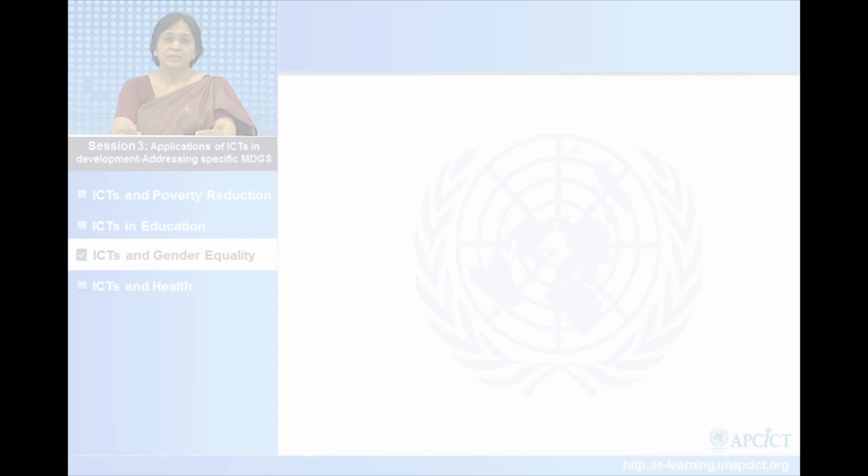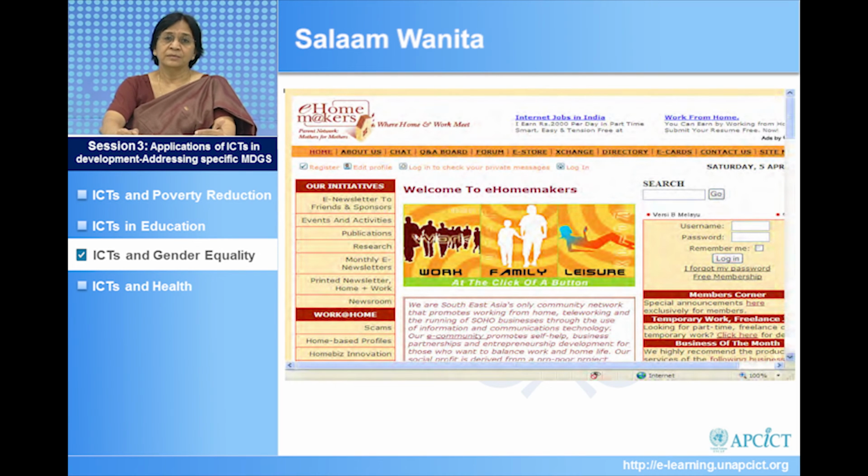On another front, if it is to be income generating activities and if there are barriers that women face, and in a country like Malaysia, which in terms of all MDGs still is very, very high, what is it that women face. So when I argued that gender is an issue not just among the poor societies, but also among the better half, I have chosen as my example the Salaam Wanita case study from Malaysia.